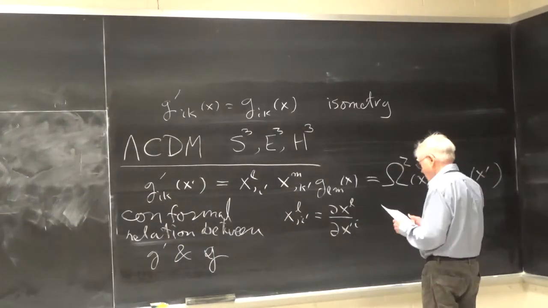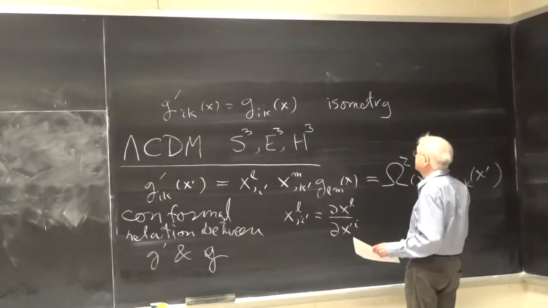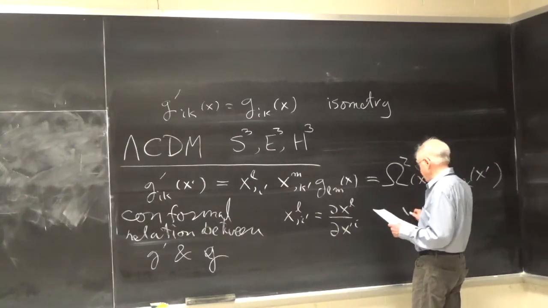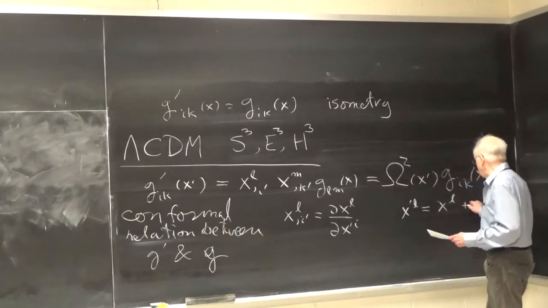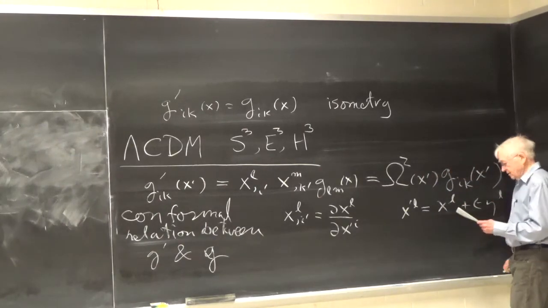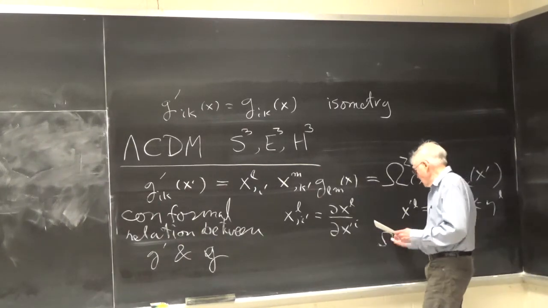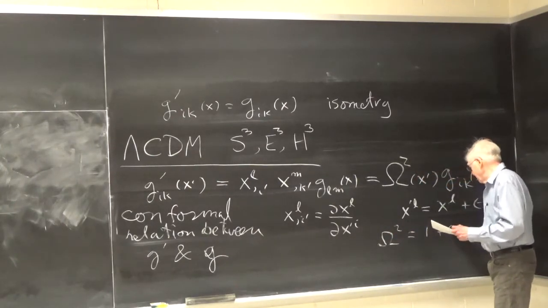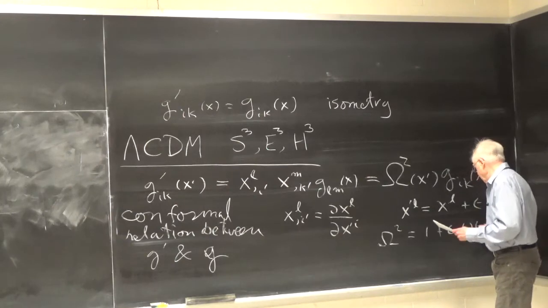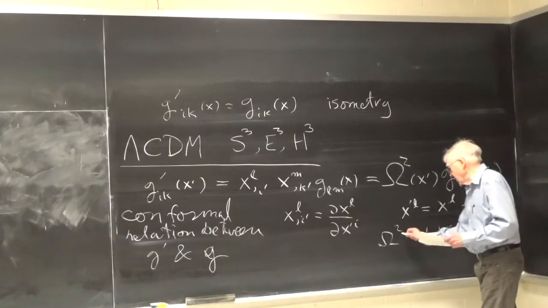All right, now, as we did last time, we considered infinitesimal transformations. x prime^l is x^l plus epsilon y^l. And we took omega squared to be 1 plus epsilon omega of x prime.